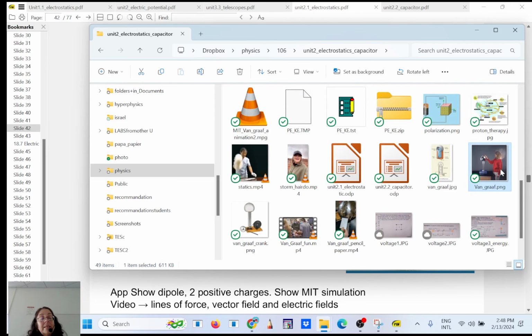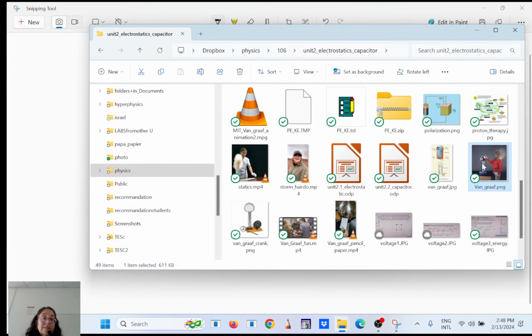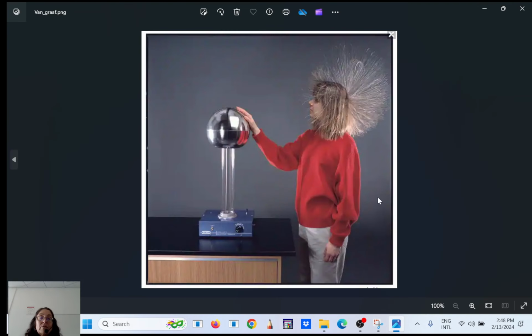What do you think you're seeing here? Like this little girl, she's isolated from the ground. What do you think the hair is doing? Hair is not a conductor, so it's being polarized. And what is it following? What do you see here? The electric field. Very good.